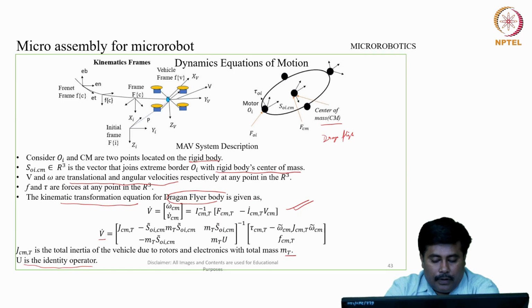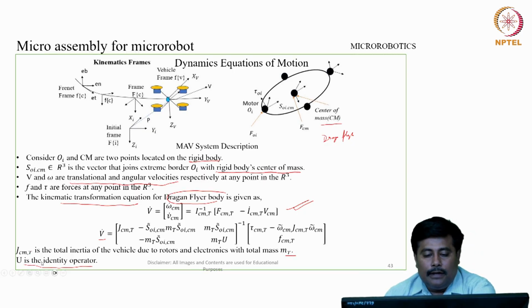In this case, the key parameters include J, which is the total inertia of the vehicle due to the rotor and the electronics, with the total mass mt, and U, which is considered the identity operator.